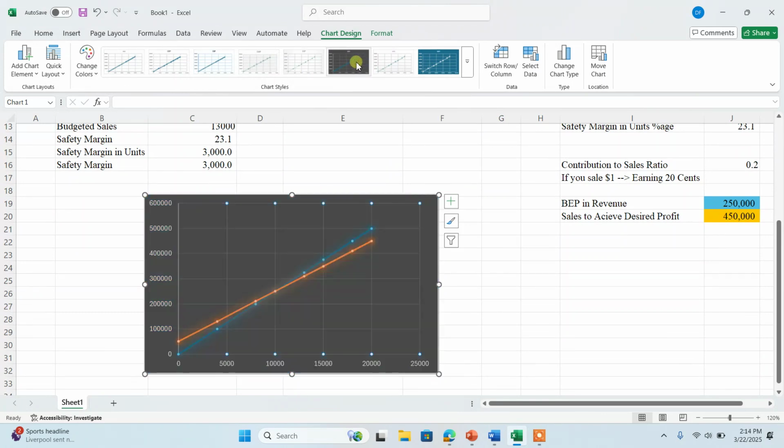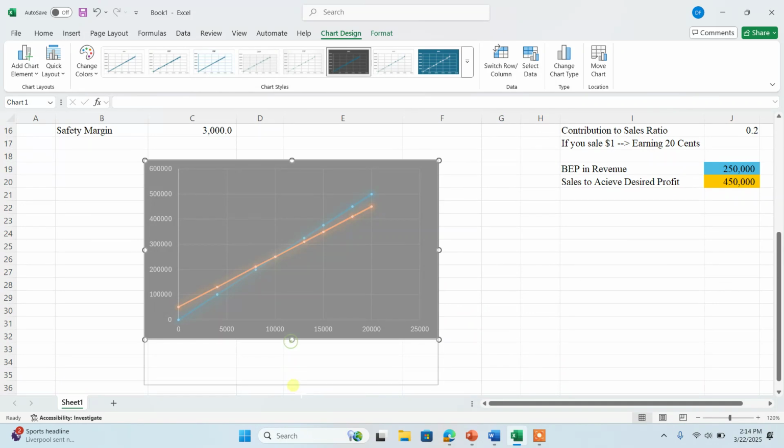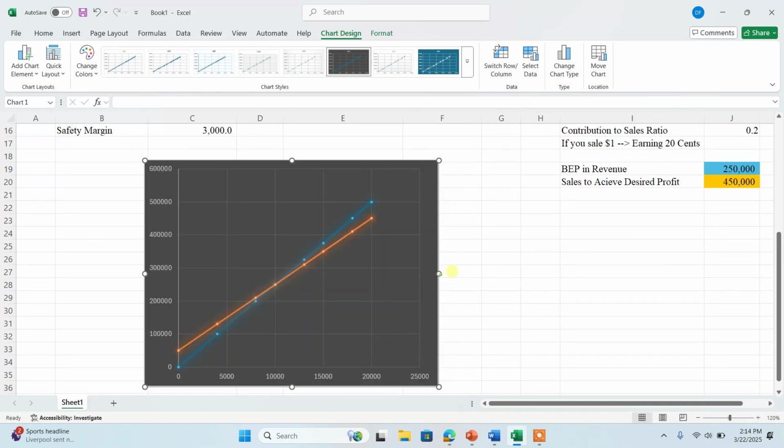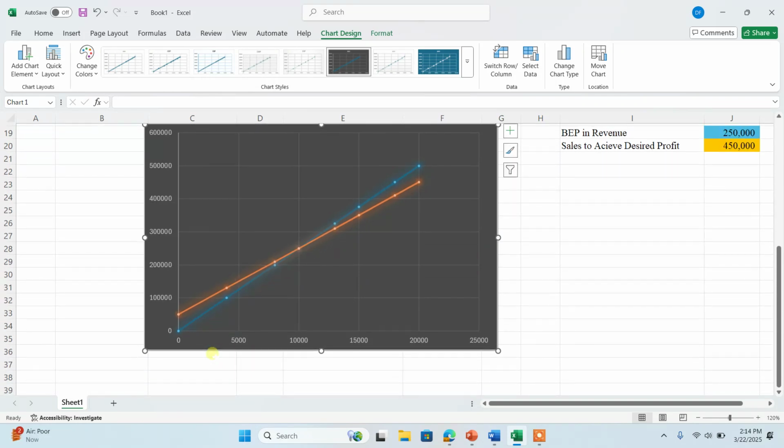Now you can see that the blue line presents the revenue, and the orange line presents the total cost. You can see this is the break-even point, 10,000, where they were equal.